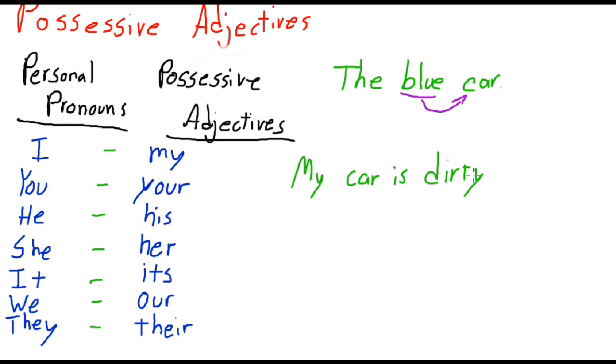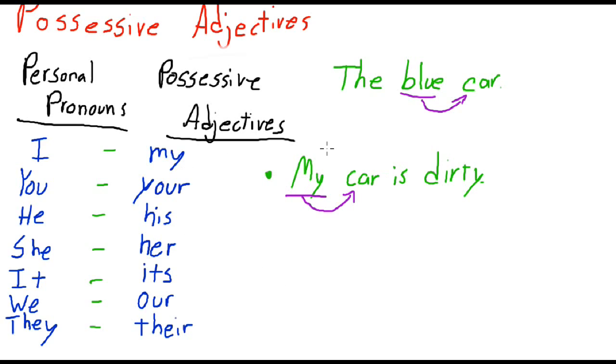Now when I say my car is dirty, we have two adjectives here. The first one, of course, is my. My is the possessive adjective, and my is describing the noun, which is the car. And dirty is another adjective, but dirty is just a normal adjective. It is not possessive.